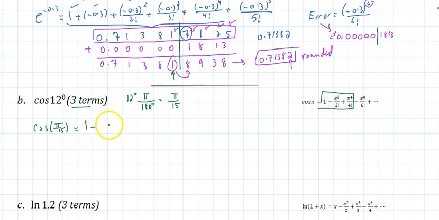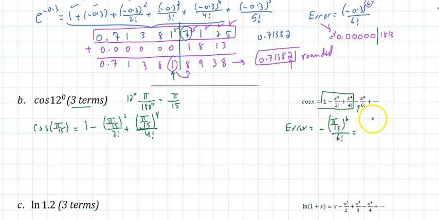I'm going to say that's 1 minus pi over 15 squared over 2 factorial plus pi over 15 raised to the 4th over 4 factorial. And I know my error is actually that next term. It's negative pi over 15 to the 6 over 6 factorial, which in turn turns out to be a negative 6 zeros, 1, 2, 3, 4, 5, 6, 1, 1, 7.